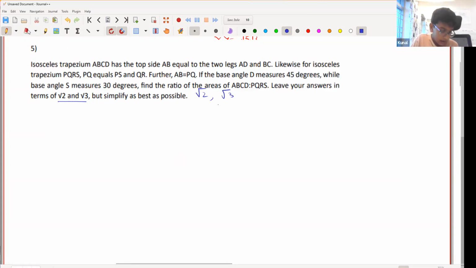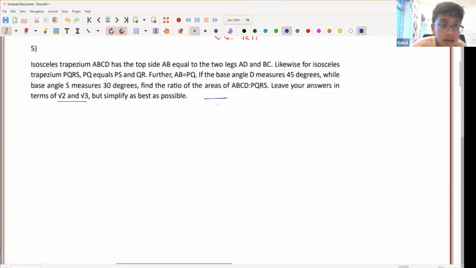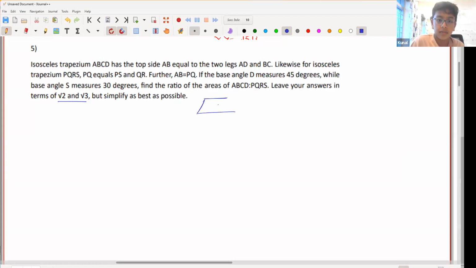I made the trapezium, and then I took the height of the trapezium to make a right angle triangle at that point.